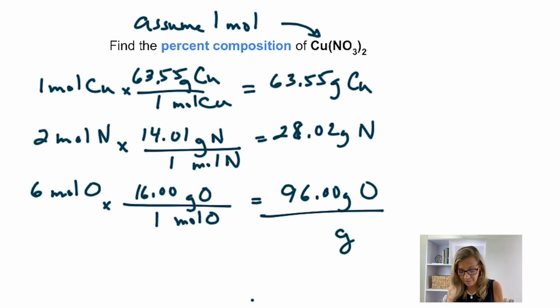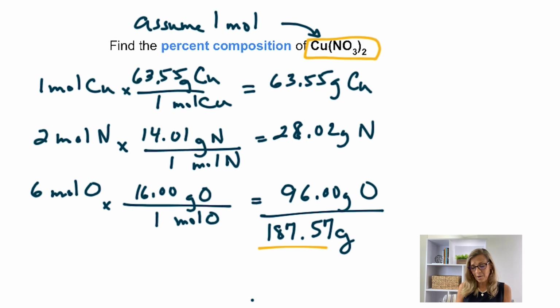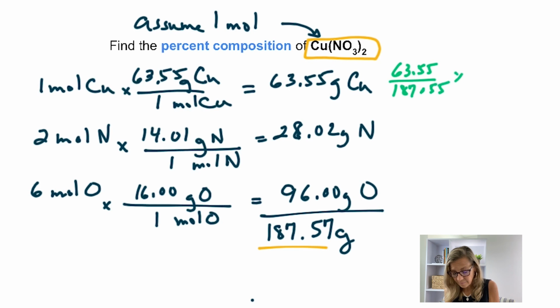Now add them together just like you're going to do molar mass. 187.57 grams. Actually, that is the molar mass of copper nitrate right there. Okay, but I want percent. So how do I get the percent? Well, take the part that is copper, divide by the total, times 100.